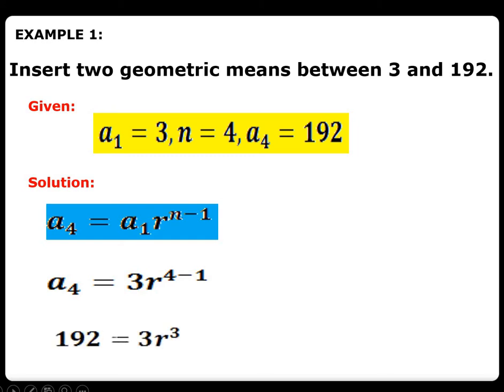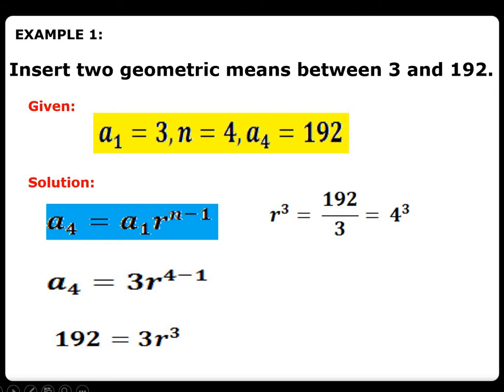We can also substitute a sub 4 as 192. So we have, simplifying 4 minus 1, 192 is simply equal to 3r cubed. To get r cubed, divide both sides by 3. So we landed with 64, or 4 cubed.